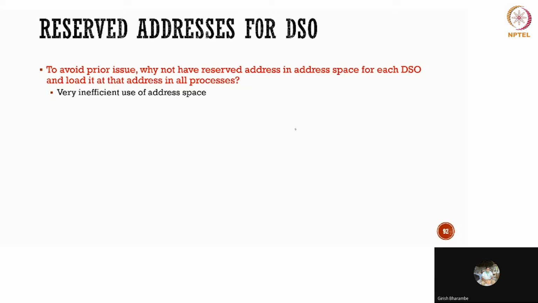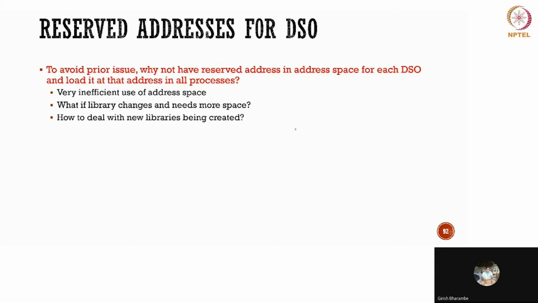As the number of shared libraries increases, and as each library adds functionality and grows in size, it would run into problems. This scheme works on paper but not in practice, because there are just too many shared libraries and you can't get a reservation. It's like saying some bandwidth or spectrum band is reserved for me, and that needs to be done globally. You can imagine whether you can actually get it.